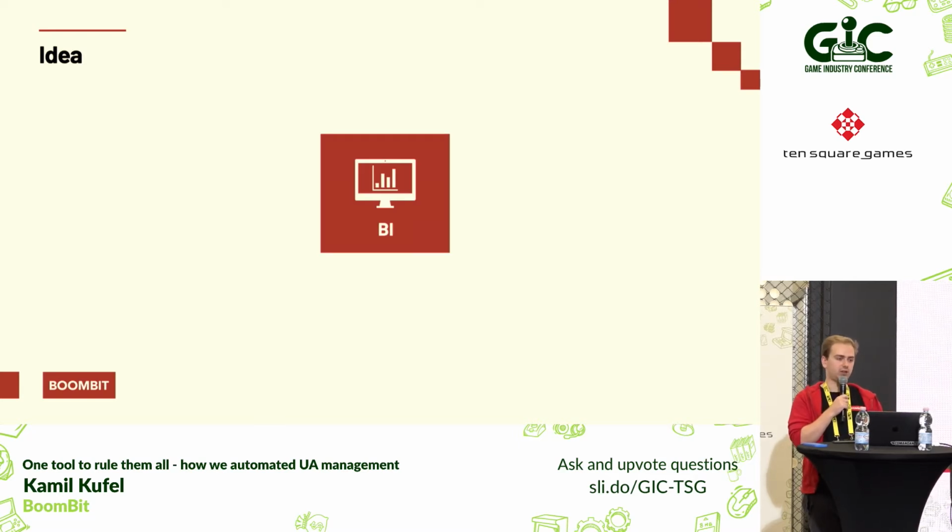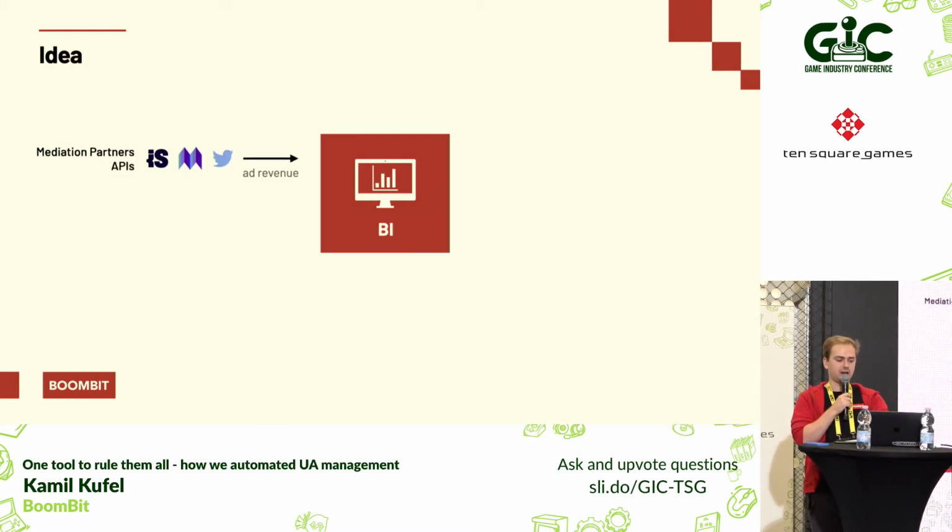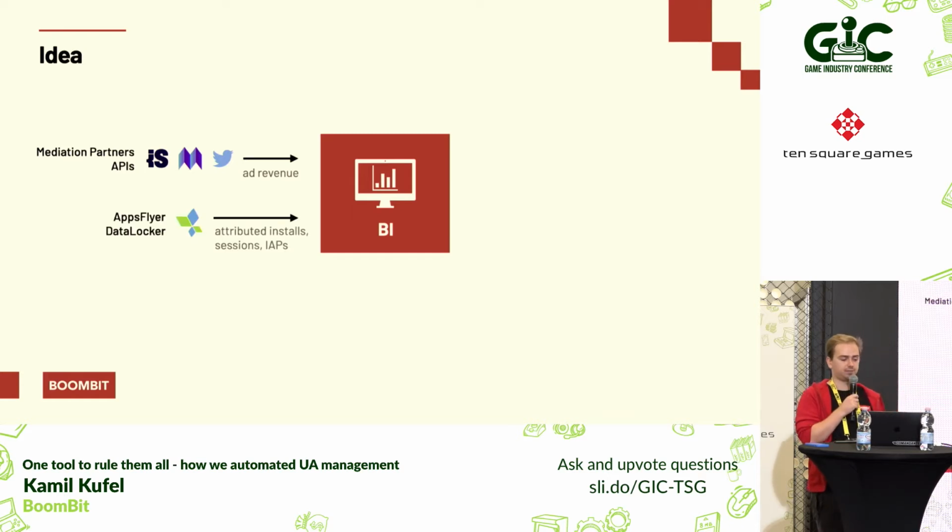To give you more perspective, let's put our BI in the middle. We need to import ad revenue data from mediation partners, so we are currently using IronSource, MoPub, and MAX. Next, we need attribution data, so we connected the AppsFlyer API.